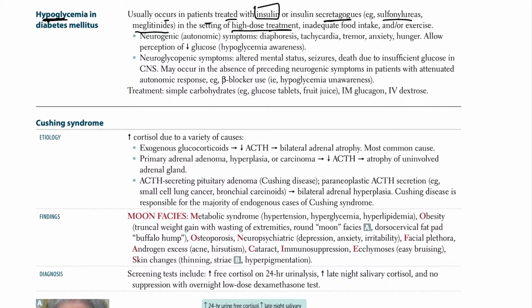So either you are giving a high dose, important, or the patient skipped a meal, had inadequate food intake, or the patient wanted to exercise.